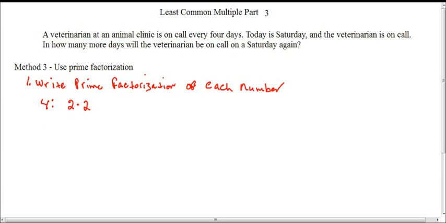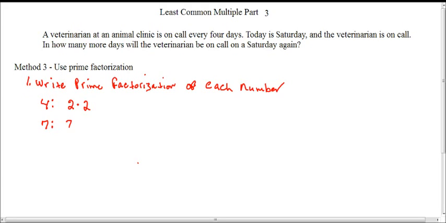Okay, so let's take a look at the prime factorization of 7. Well, believe it or not, the only thing 7 has is 7 times 1. So we don't necessarily have to put the 1 there. We'll just leave the 7.